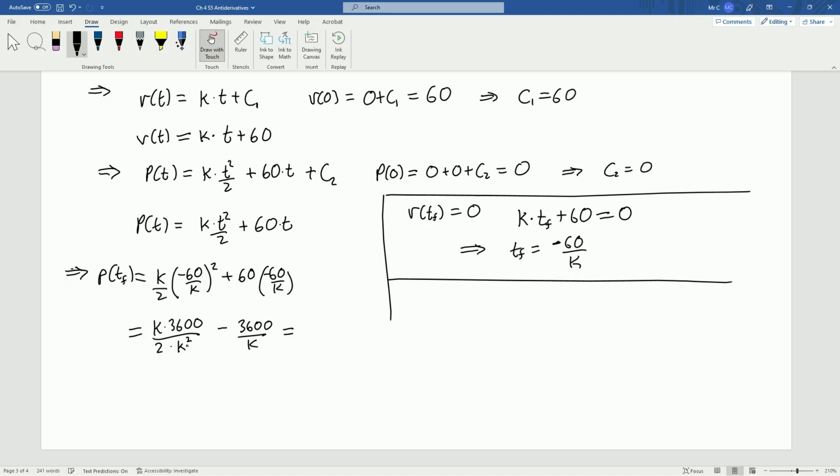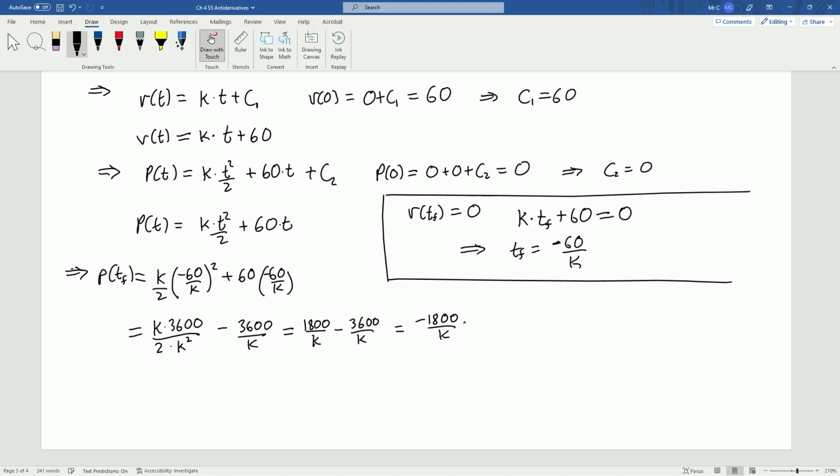K over k squared is 1 over k, and 3,600 over 2 is 1,800. And 1,800 over k minus 3,600 over k is negative 1,800 over k.